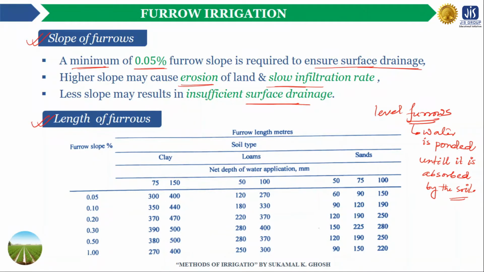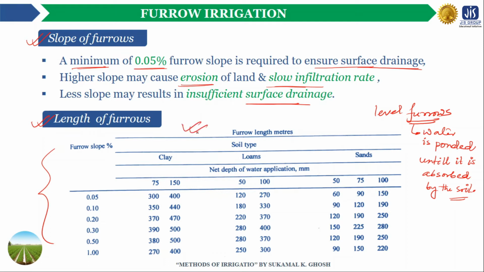On the other hand, short furrows require supply channels to be spaced too close, with consequent loss of land and increase in labor requirement. This particular table may serve as a rough guide for selecting the length of the furrows.